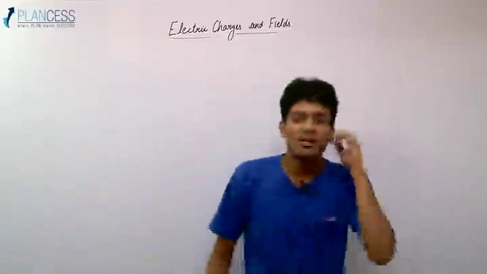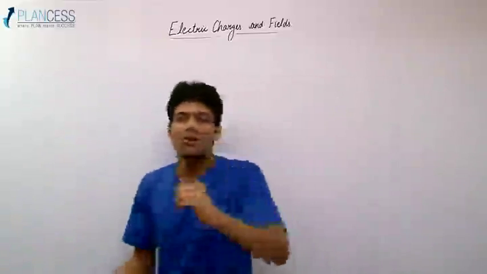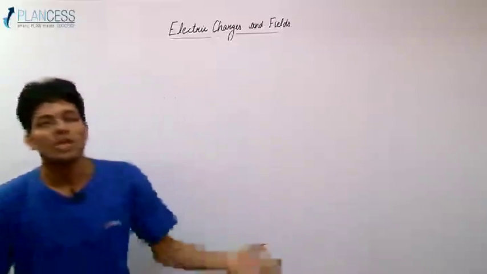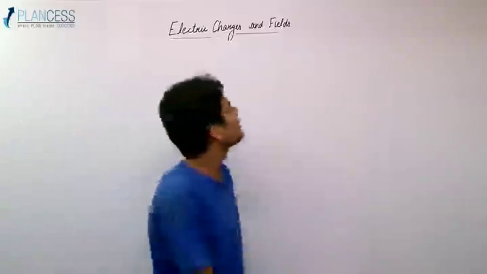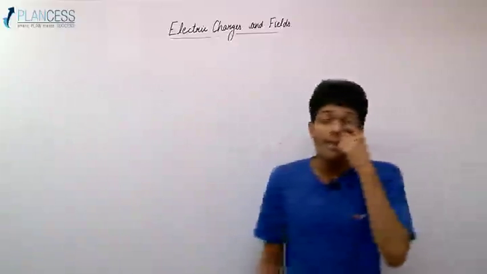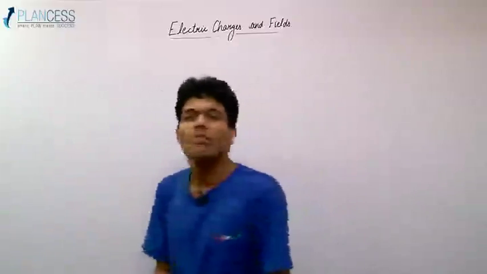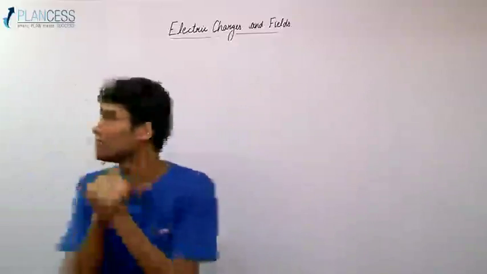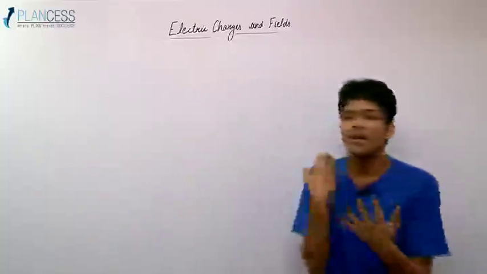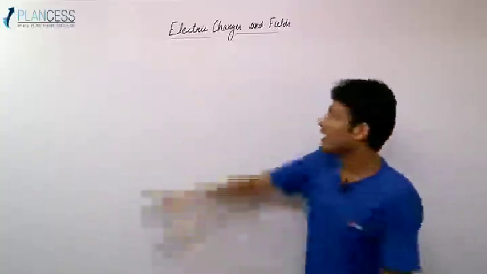We studied it for a ring, a half ring, a disc, an infinitely long wire, and an infinitely long sheet, and there we completed the electric field. Then we studied electric lines of force, then flux, then Gaussian surface, and at the end Gauss law.